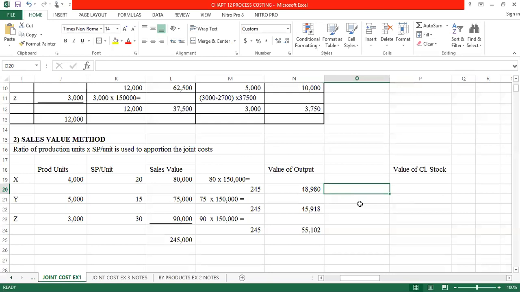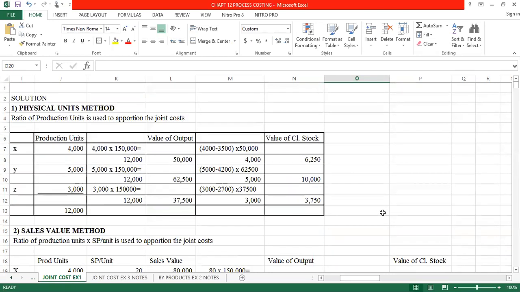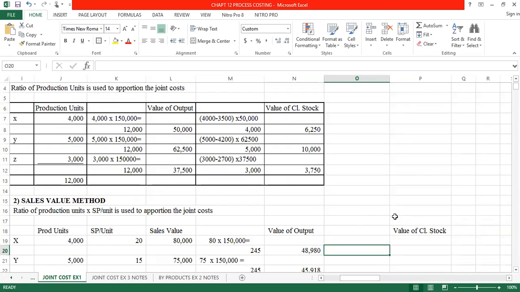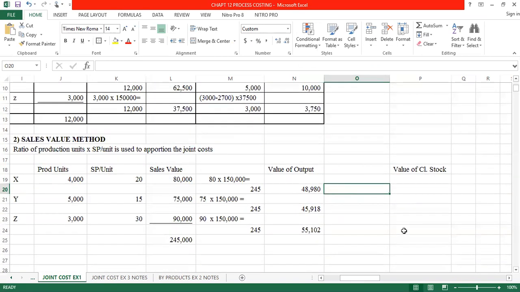So closing stock equals, what did we do there? 4,000 minus 3,500, produced units minus sold units, times 48,980, divided by 4,000.